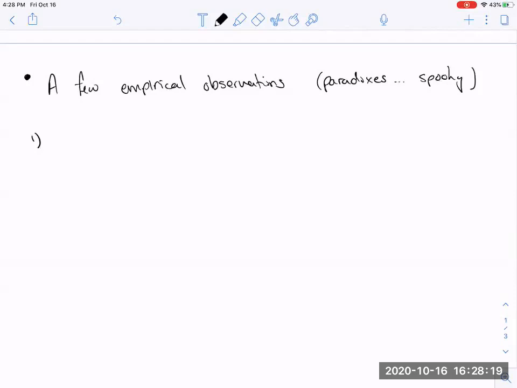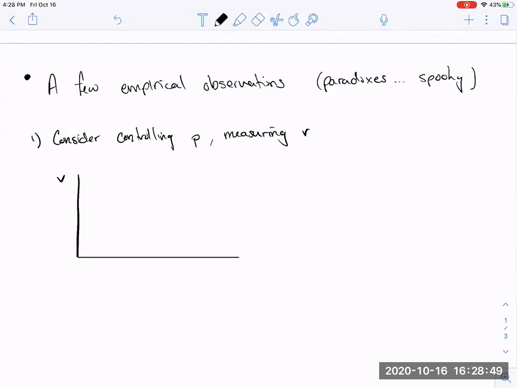Let's consider a system for which we control the pressure and we measure the volume. All right, so we might, for example, consider doing such an experiment with a vapor.